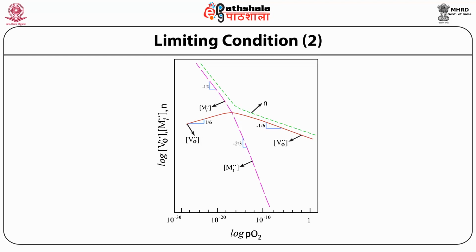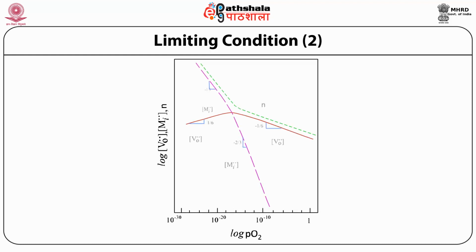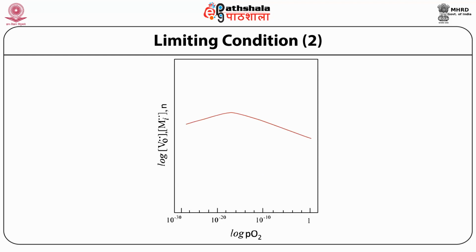So for metal oxides, assuming complete ionization of vacancies, we can write the reaction as half of O2 gives OO plus Vm double prime plus 2 holes, whose equilibrium constant can be written as K is equal to the concentration of OO and Vm double prime times NH square divided by PO2 to the power 1 by 2.